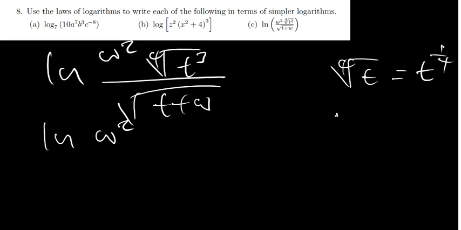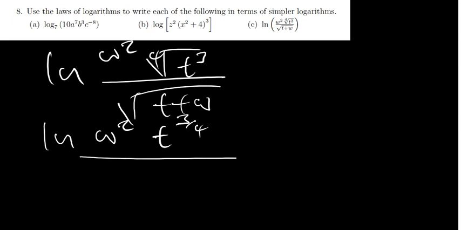Now this is the fourth root of t to the power 3, meaning it is the same as t to the power 3 over 4. That's the meaning. So in this case, I'm going to have t raised to the power 3 over 4 divided by t plus w. Since that is just the square root, it's going to be to the power half.